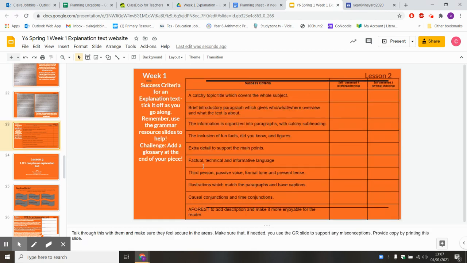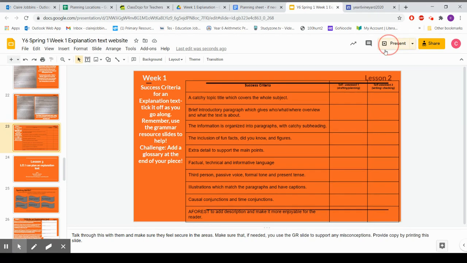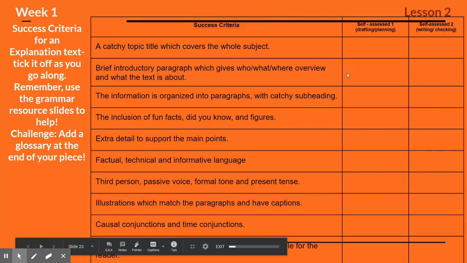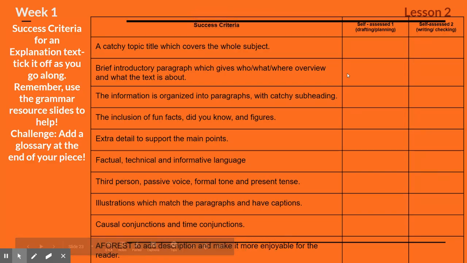I would recommend as well that you use your success criteria when you're going along. Now, I would always remember, ladies and gentlemen, that when you're using a success criteria and you're ticking it along, you make sure you know and you understand what each of these are asking you to do.